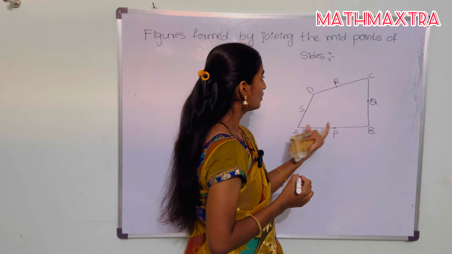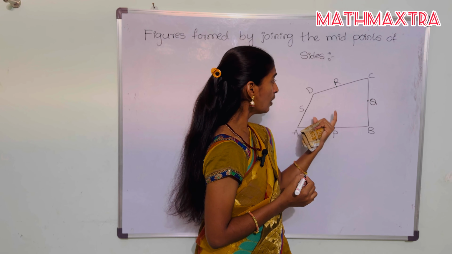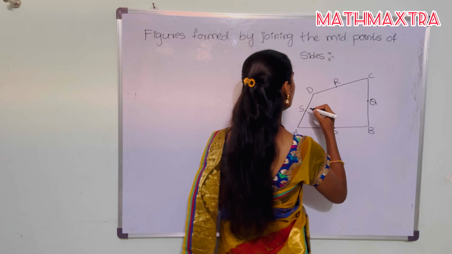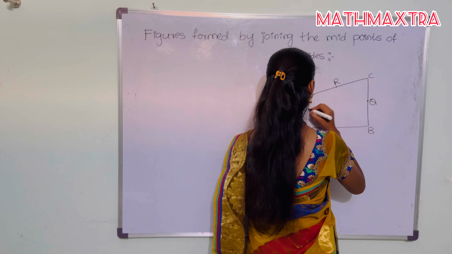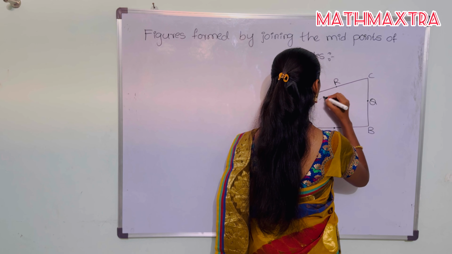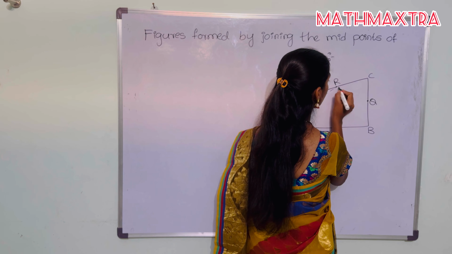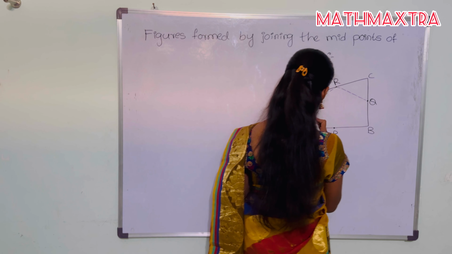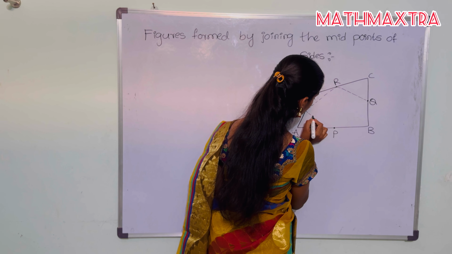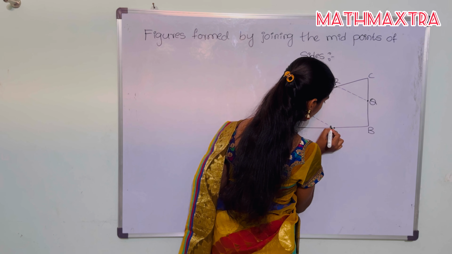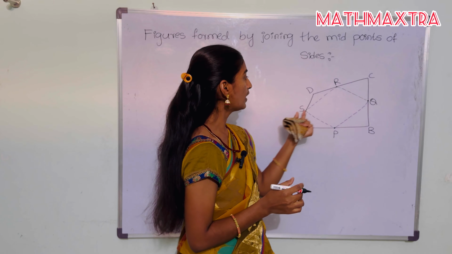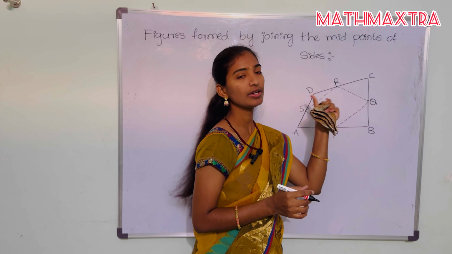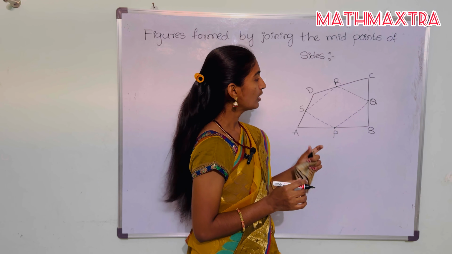Now if you join all the midpoints of the sides of a quadrilateral, we want to know what type of figure this PQRS is. How can we check?